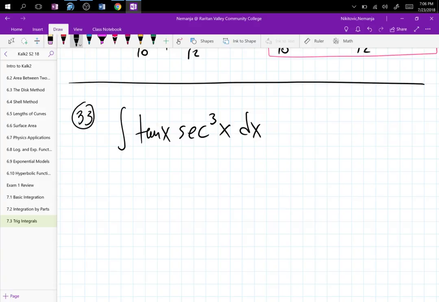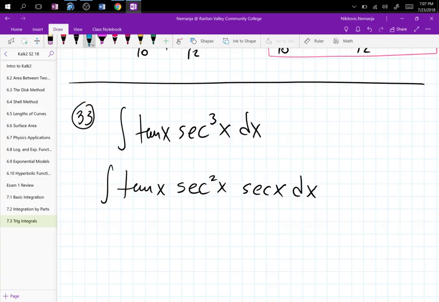What's the problem? Okay, so we break off a secant and we have the integral of tangent x secant squared x secant x dx. So you have secant tangent, right? When you have all of this, so now your u is equal to secant x. Your du is secant x tangent x dx.